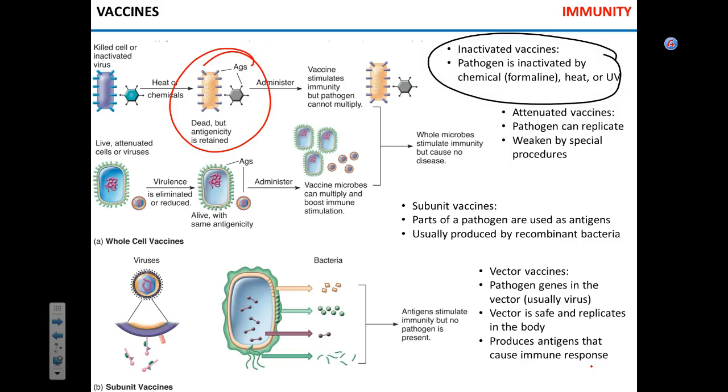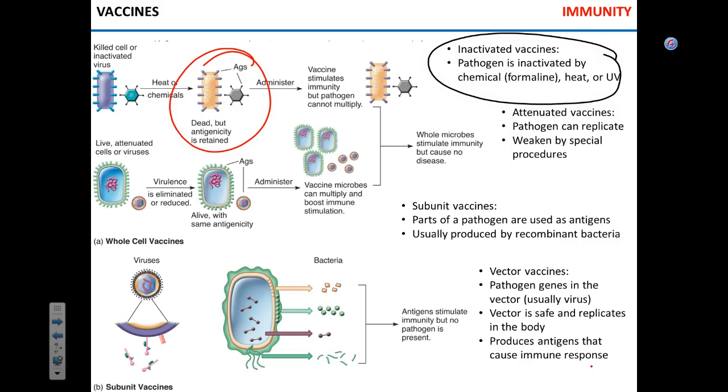But polio, IPV, is inactivated. Pneumococcus? Yes, it is an inactivated vaccine. It's also partially purified. Meningococcal, pneumococcal, Haemophilus influenzae, Hib vaccine, inactivated vaccines. Right, so that's one way.